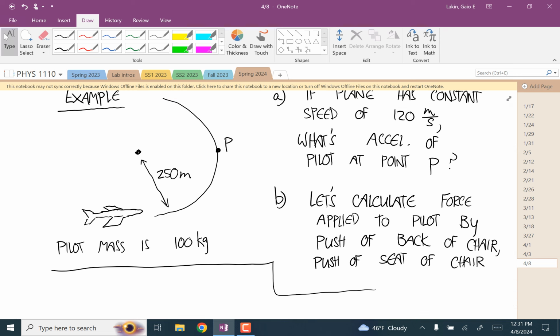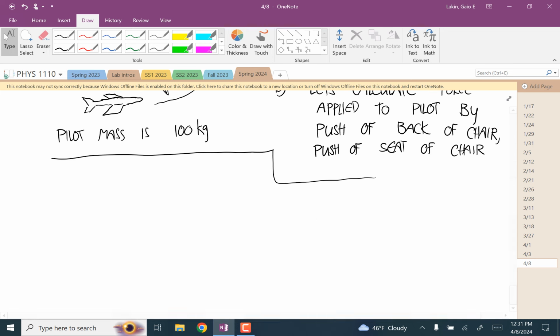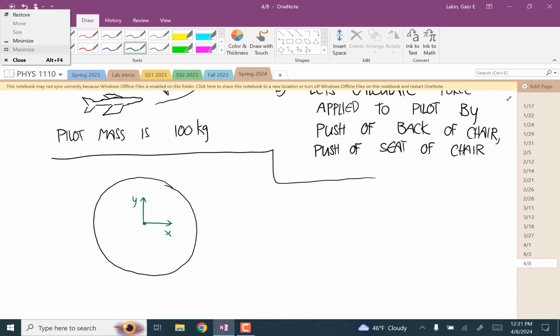Okay, is this uniform or non-uniform circular motion? Uniform because the speed is constant. So let's just start going through the steps. So here's the circular path. I'm going to use a coordinate system like this. Now we need to choose a point on this circular path to do the calculation for.